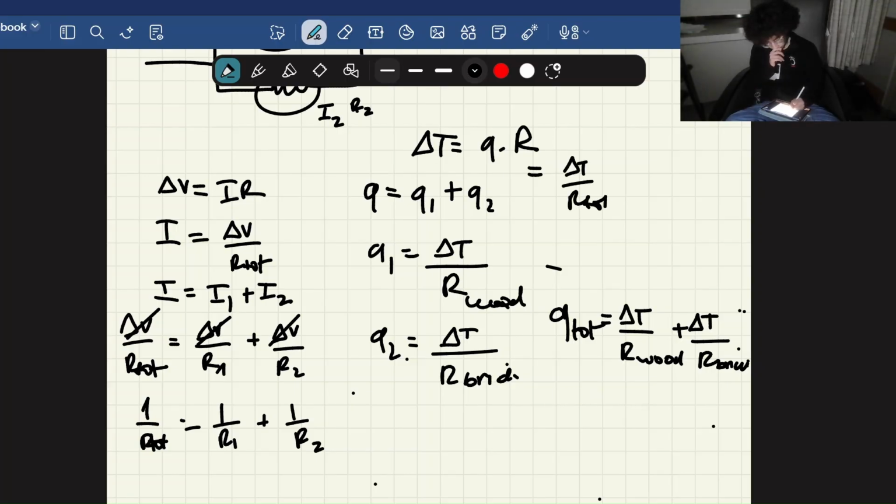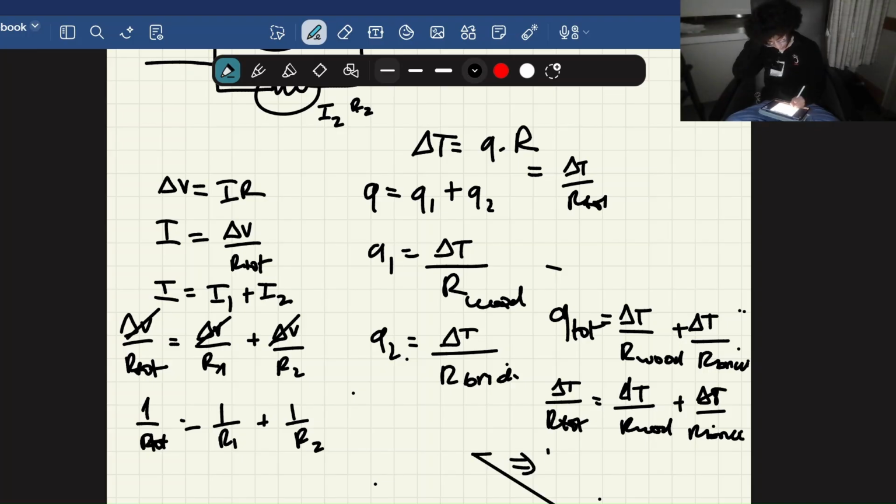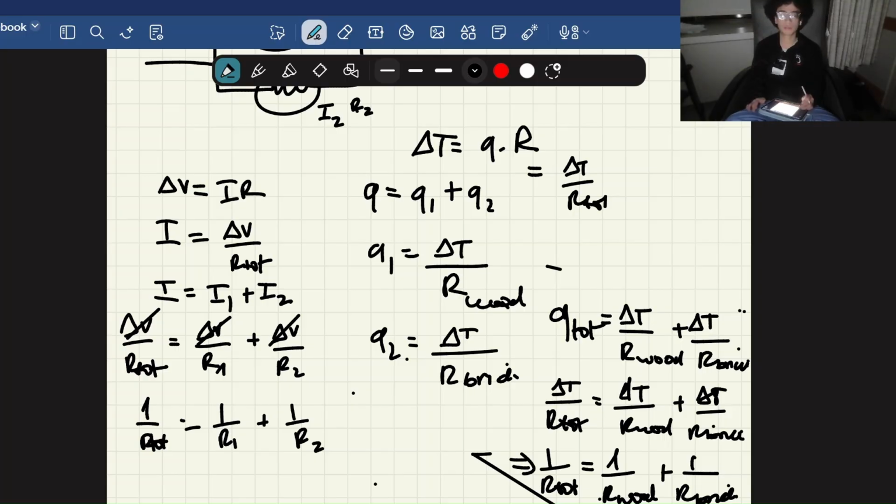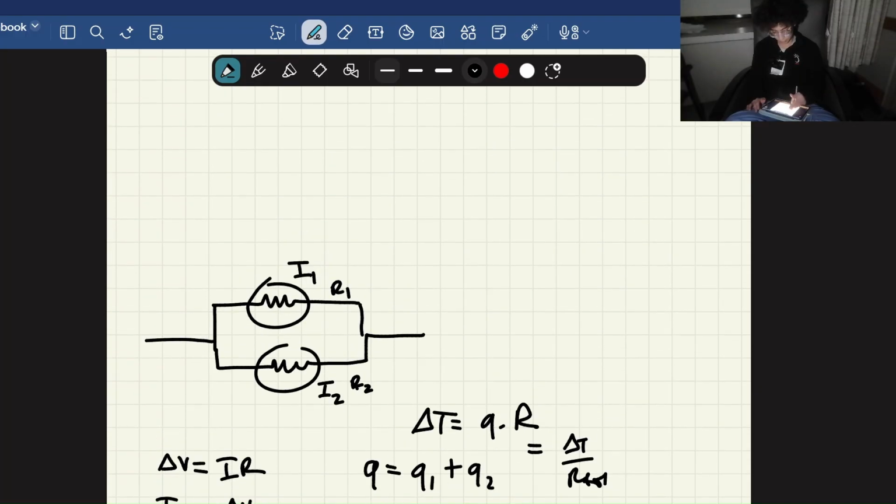So we have delta T over R total equal to delta T over R wood plus delta T over R brick. We have 1 over R total equal to 1 over R wood plus 1 over R brick. And that's how we derive the expression for parallel. Thank you for listening, guys.